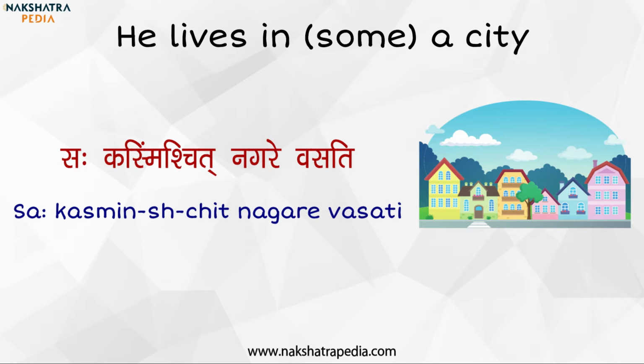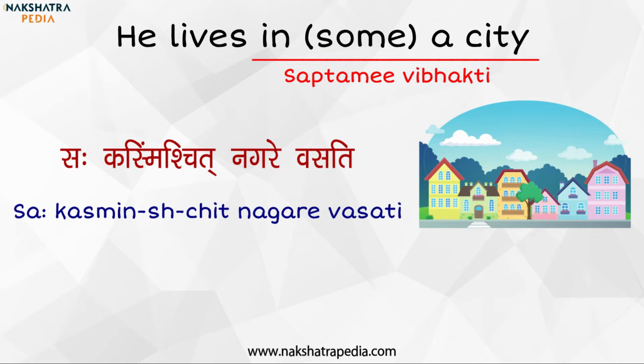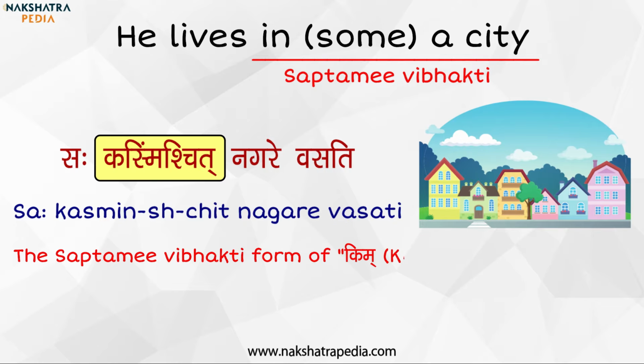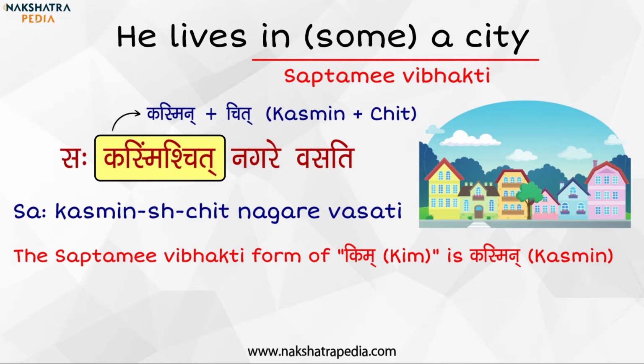As you may now know, we want to say in some city, and hence it is the Saptami Vibhakti here. So the form kasminshchit is of the Saptami Vibhakti. How? The Saptami Vibhakti form of kim is kasmin. So kasmin and chit join to get the kasminshchit form.